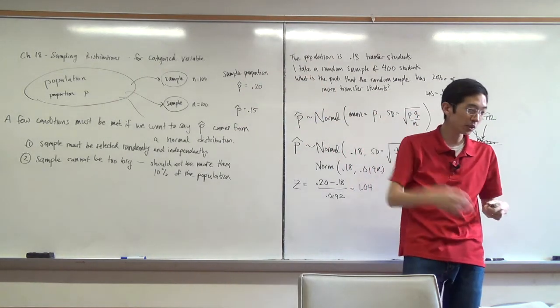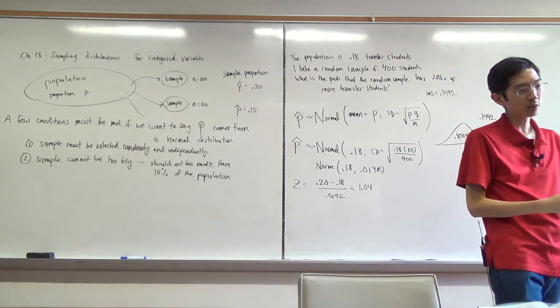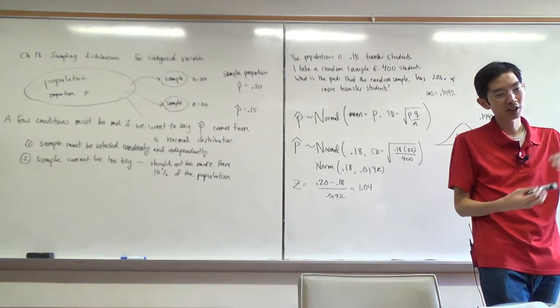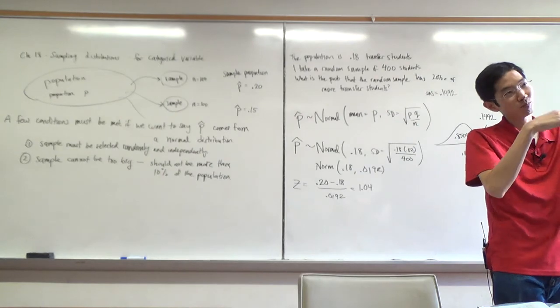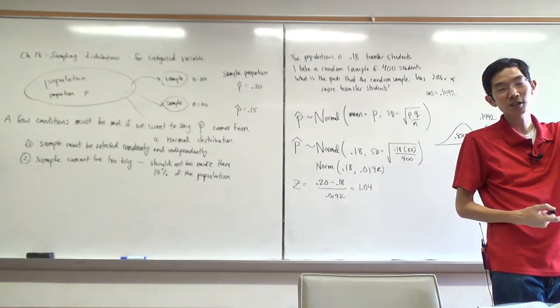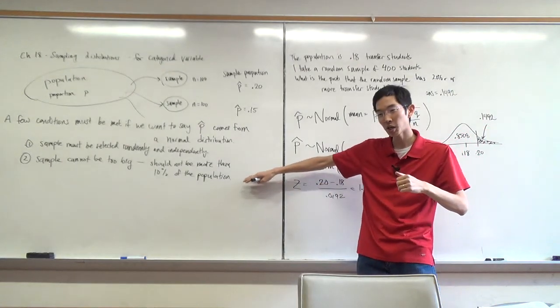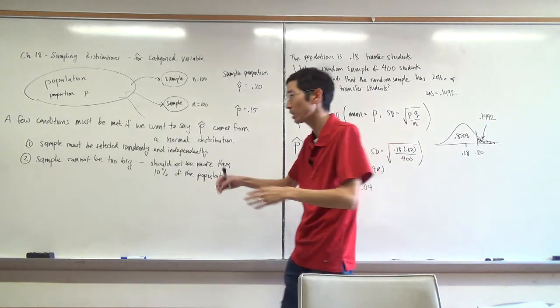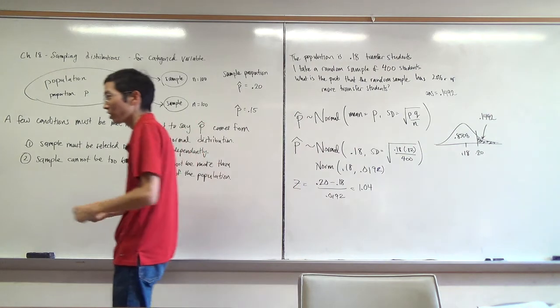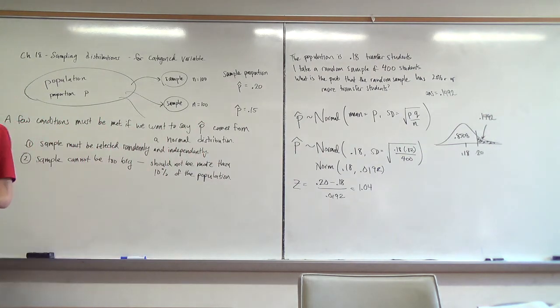But once you start taking a very large sample, that proportion in the population could start shifting a significant amount that we can't ignore it. So if the sample is small, we can ignore any little deviations of p in the population. But once it gets too big, we can't do that.